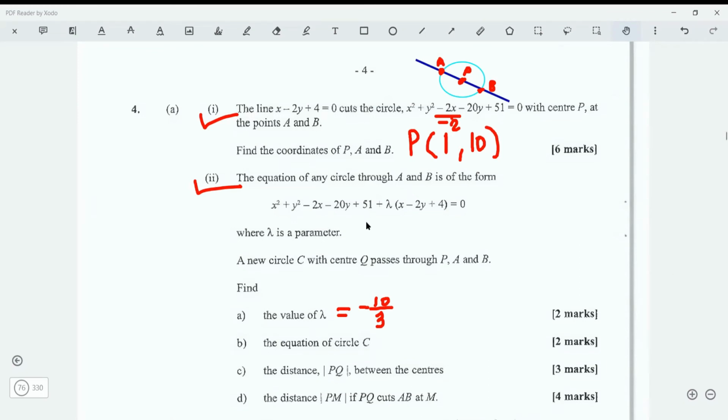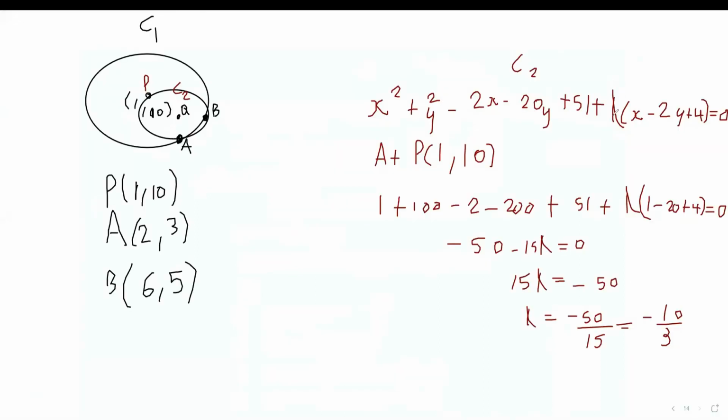All right, now it says find the equation of the circle C. Now, Marika, now that you know lambda, you need to find the equation of this circle. Remember, it is given by x squared plus y squared minus 2x minus 20y plus 51.